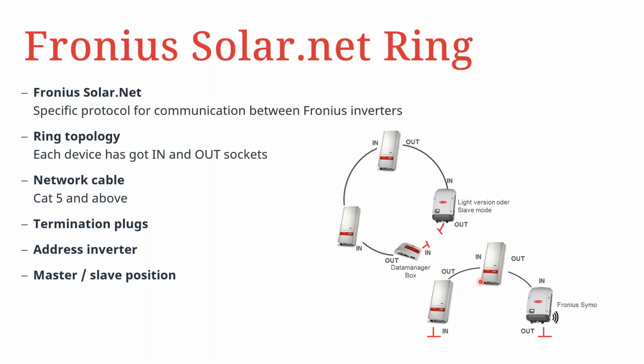So this means that in these loops, it is possible to communicate with any of these devices, of course, via the data manager. And I would like to note here that it is only possible to have one data manager per communication loop.